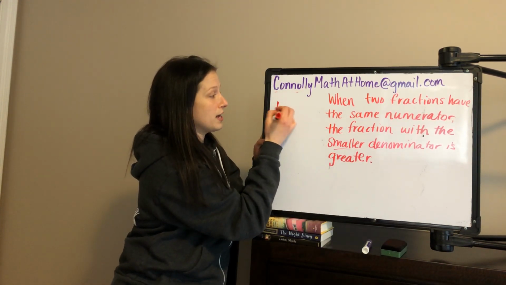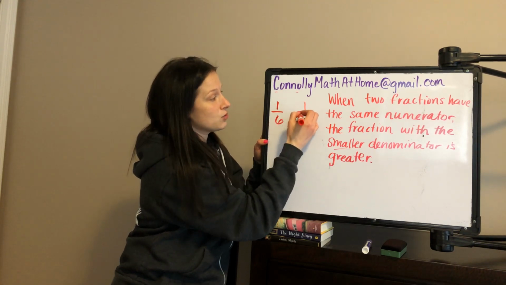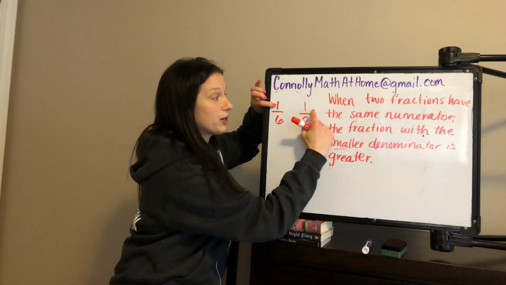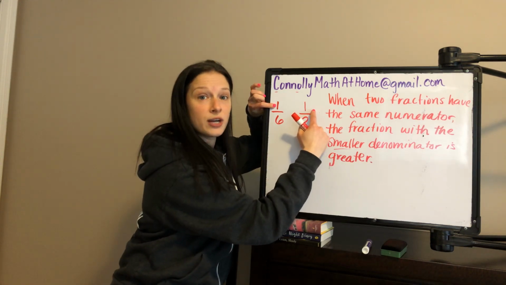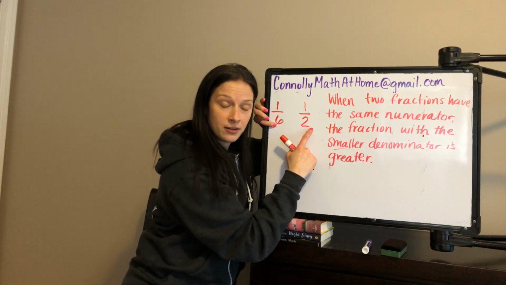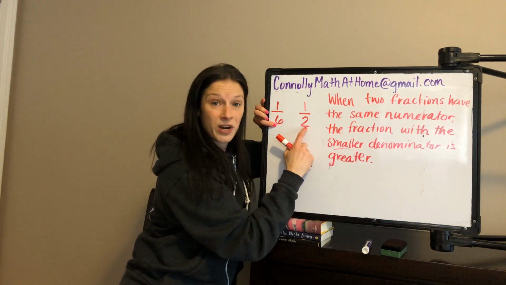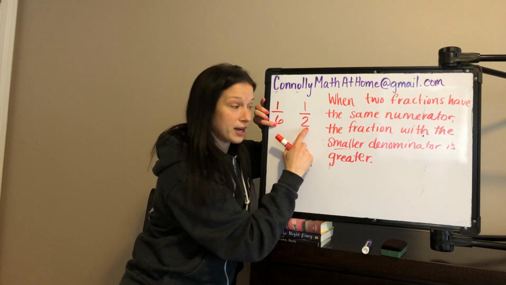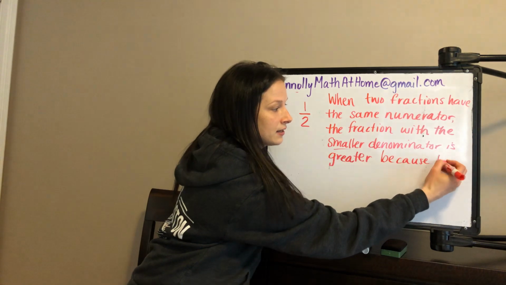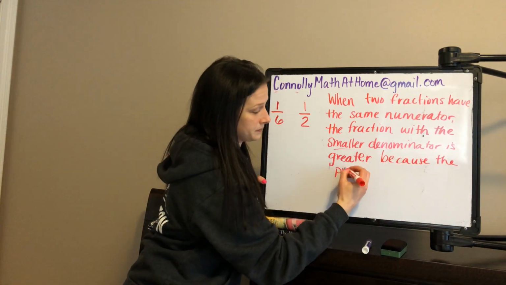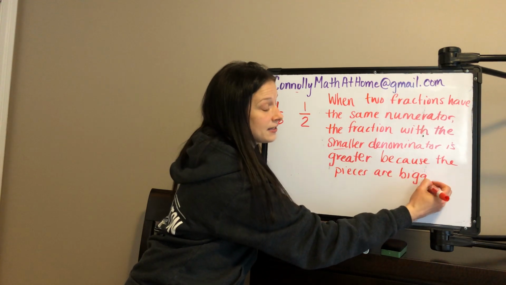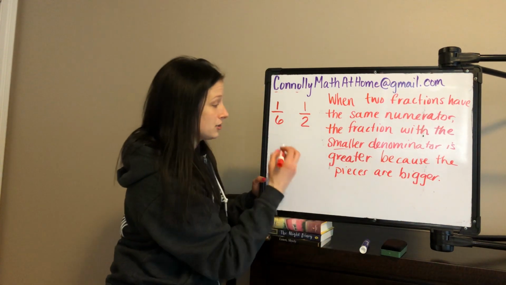I'm just going to stick with 1/6 versus 1/2. Okay, they both have a numerator of 1. So I look at the denominator and I say, which one has the smaller denominator? This one does, 1/2. This is going to be greater. I'm going to add to this because the pieces are bigger. That's why the smaller denominator is a greater fraction.